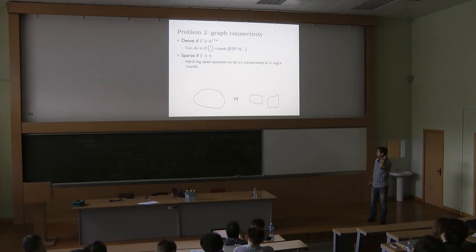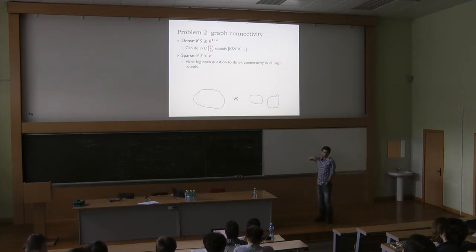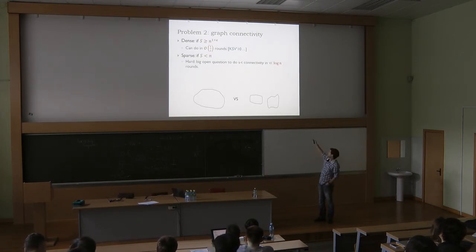The hard case that is known is that even the following, distinguishing these two cases, appears very hard in fewer than log n rounds. One case is where you have a big cycle.